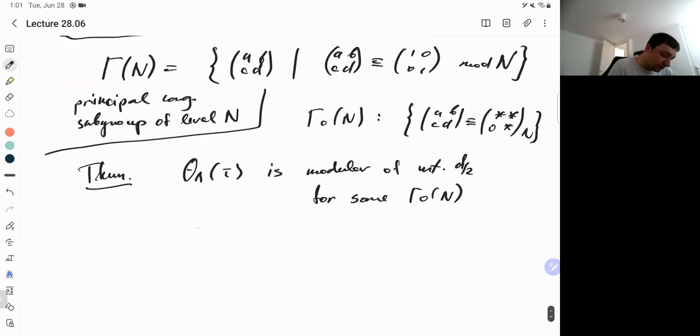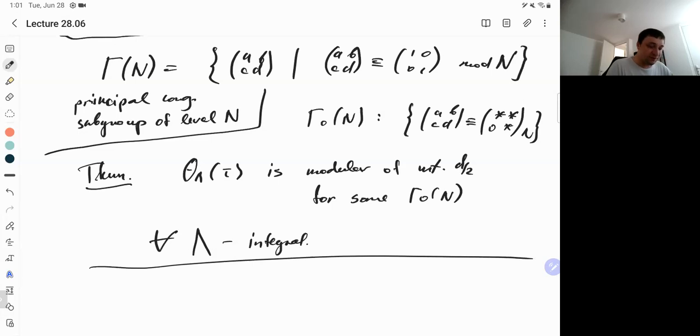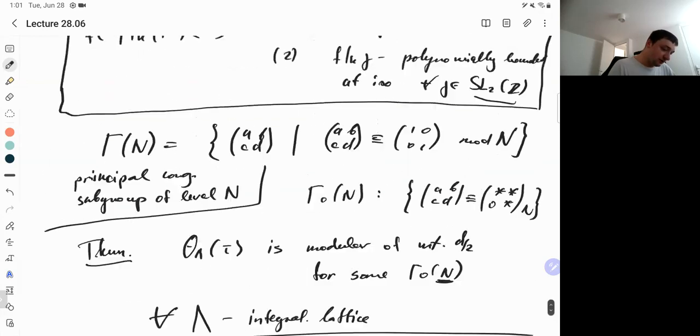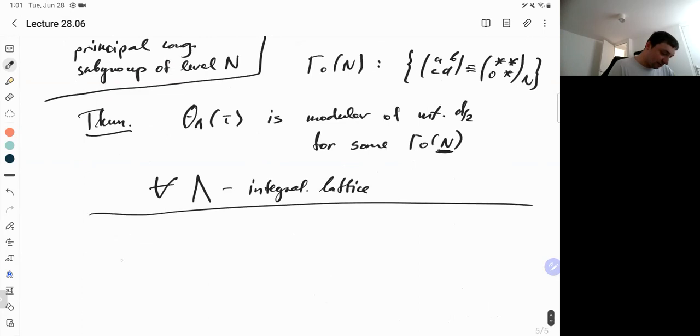But the tricky part is, Lambda has to be integral. And then there's a recipe so for any integral lattice, if you know the lattice, you can tell what this level n is for which it is a modular form. Just to give one example, if you look at the E8 lattice, there's this coincidence that I was talking about, that since the spaces are small and constructions are plentiful, it turns out that the theta function is equal to E4(tau) that I already showed before.